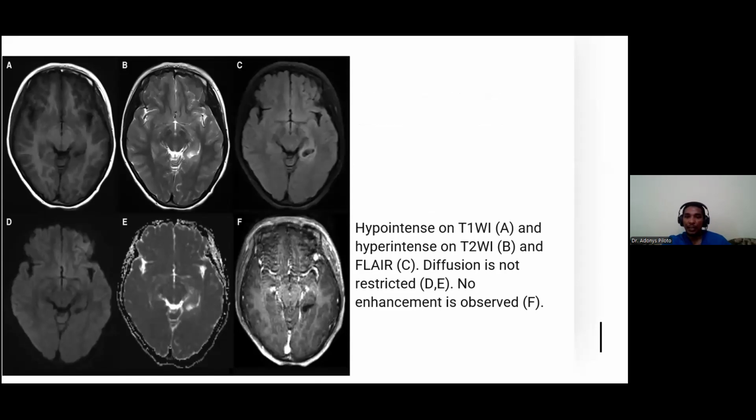This tumor is characterized by hypointensity in T1 and hyperintensity in T2, as in most low-grade gliomas, and diffusion is not restricted; no enhancement is observed.